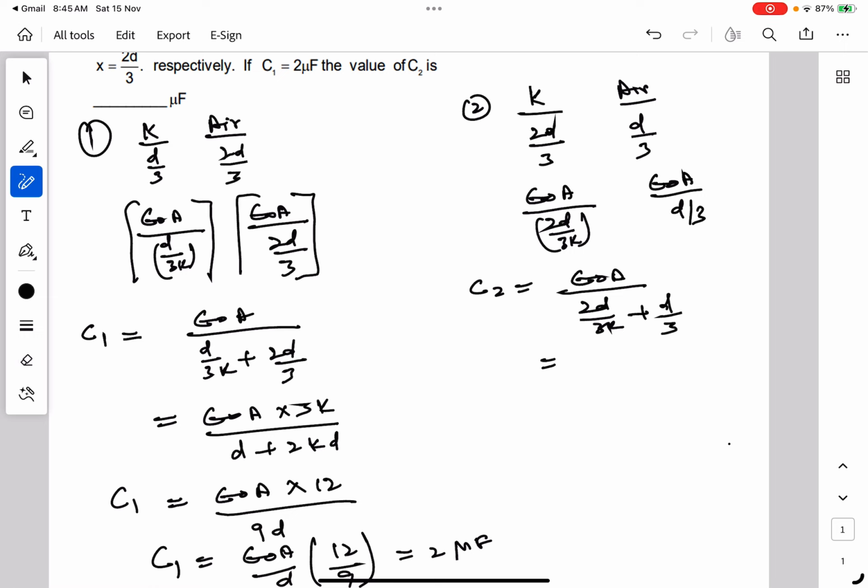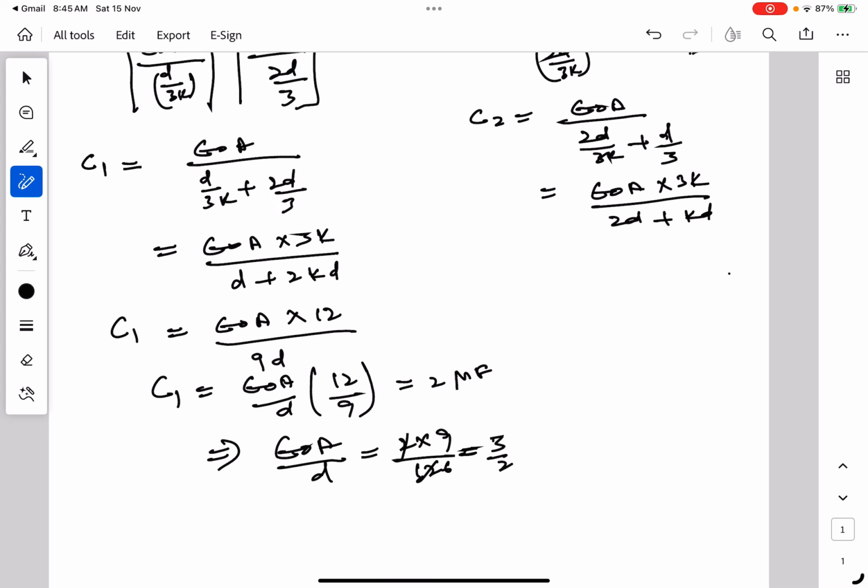This would be equal to epsilon naught A into 3K upon 2D plus KD. Let us put the value of K. So this would be epsilon naught A upon D into 12 upon 6.